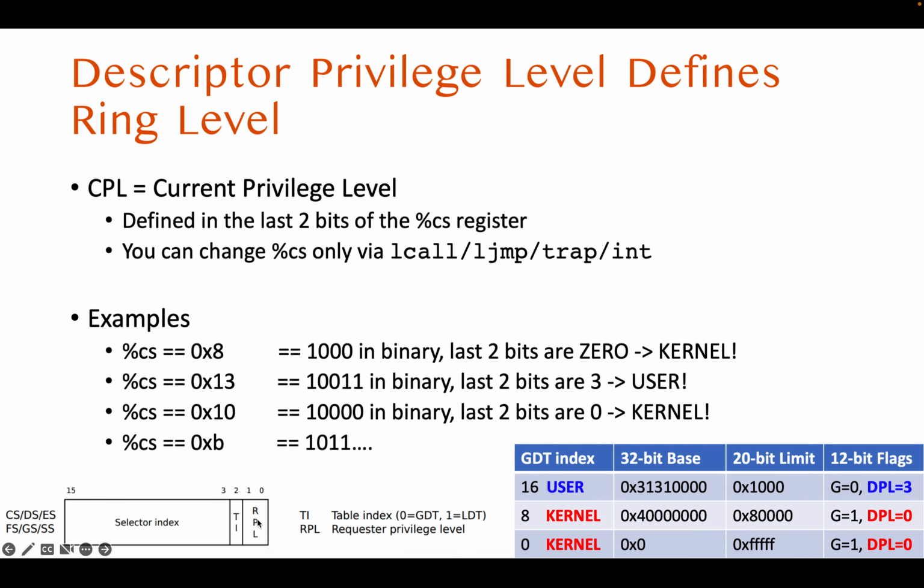That means we should look at the last 2 bits. For 8, the current privilege level is 0. For 0x13, the current privilege level is 3. For 0x10, the current privilege level is 0, and so on. So we can easily get the current privilege level from the last 2 bits of the segment selector.